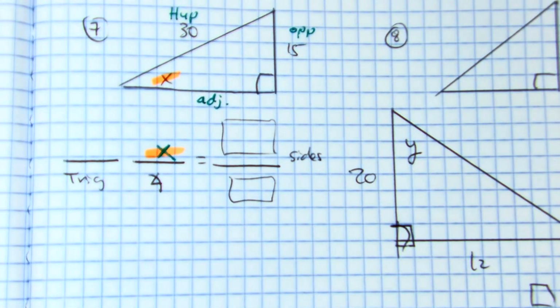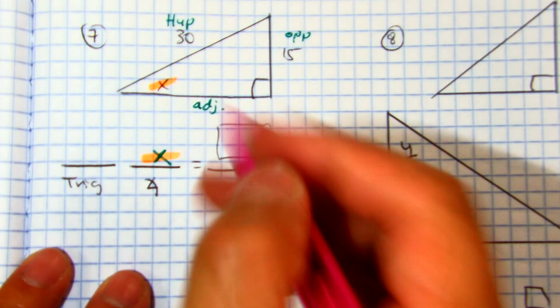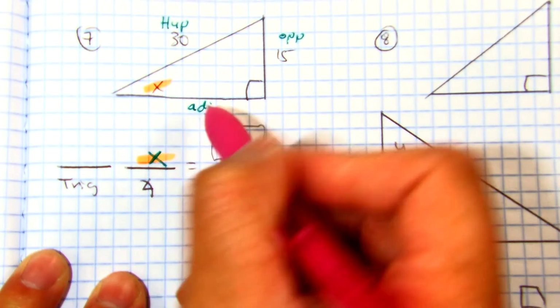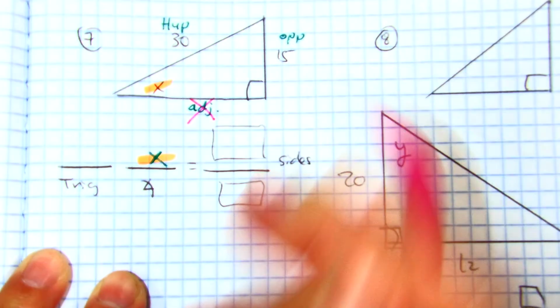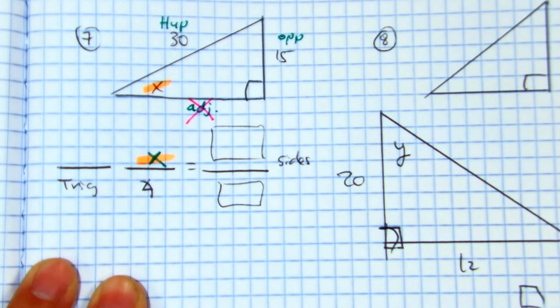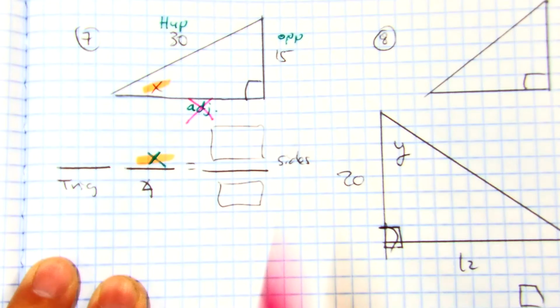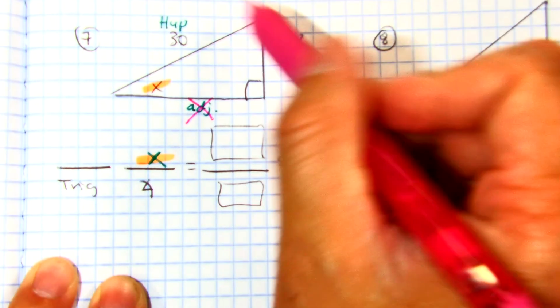Sarah R. Tell us which one we don't need. Correct. There is no variable. There is no number there. Sarah R. Which trig ratio is opposite over the adjacent? Opposite over the hypotenuse?